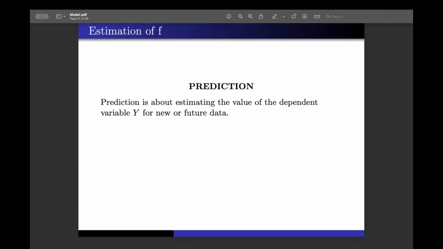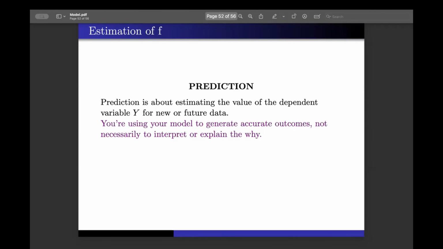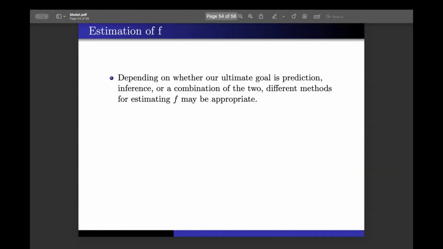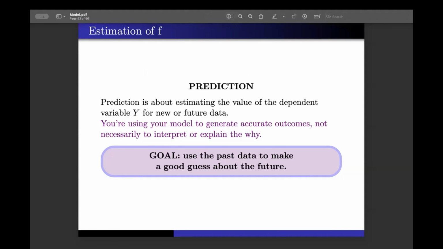And the next reason why we want to estimate F is prediction. Prediction is about estimating the value of the dependent variable Y for new or future data. Sometimes you are using your model to generate accurate outcomes and not necessarily to interpret or explain the why. And the goal is to use the past data to make a good guess about the future. And that's what prediction is about.